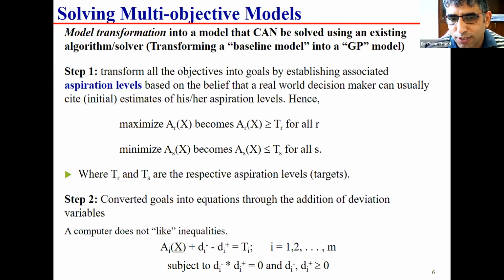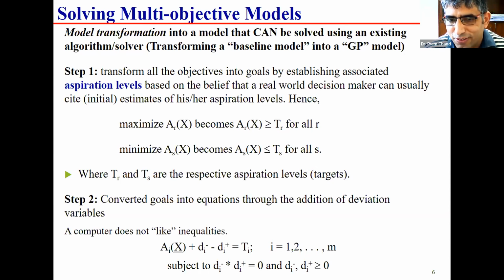So we add the negative deviation and subtract the positive deviation in our goal function. And as you know, both are not possible, because either we can achieve over or we can achieve under, they both cannot happen.